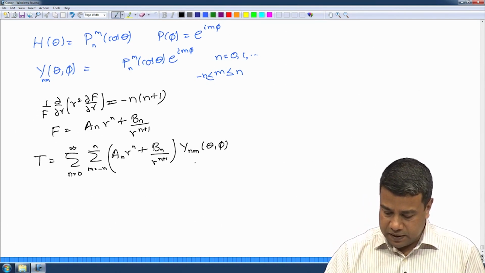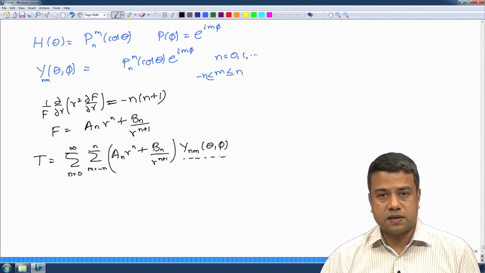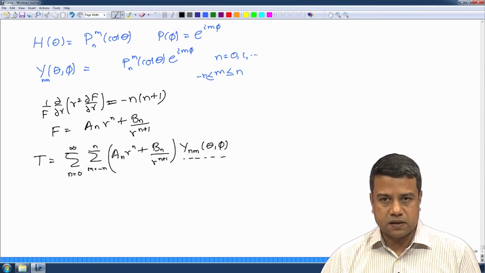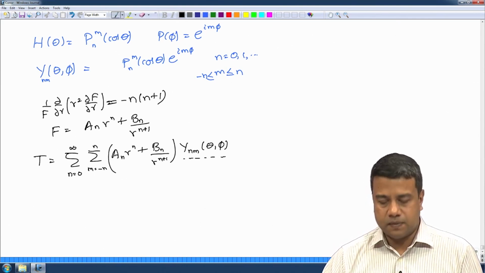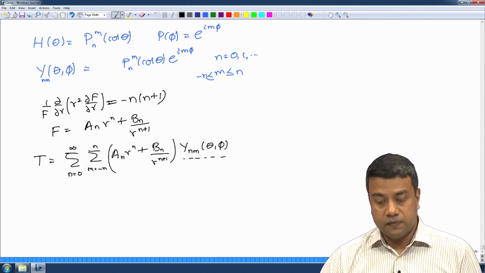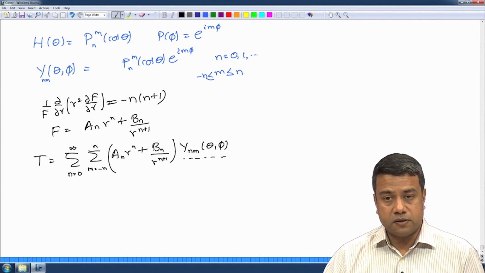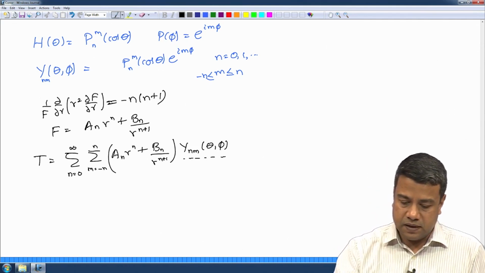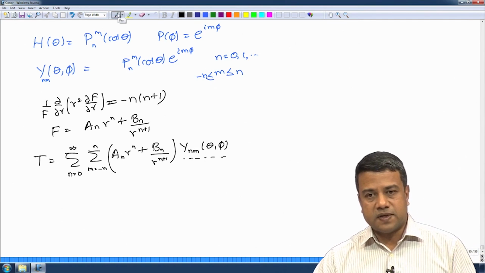Note that while we were solving these, we had applied homogeneous boundary conditions in the theta and the phi directions. Therefore, these spherical harmonic solutions satisfy orthogonality relations, just as in the previous case.